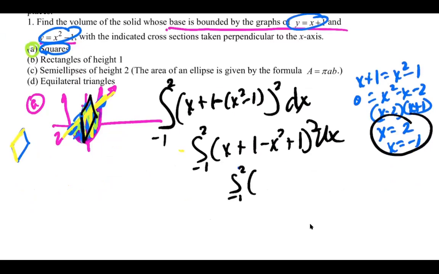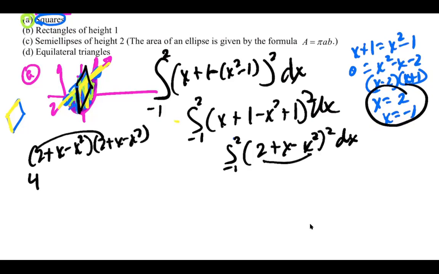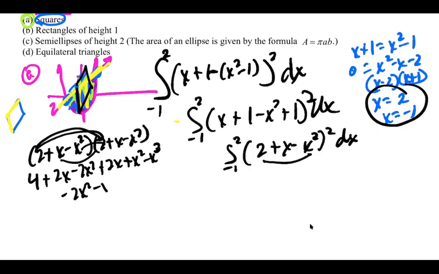And then we'll check our answer. So this is (2 plus x minus x squared) squared, but unfortunately it's squared. So we've got to figure out what that is, because substitution will not work here. If I let u be the inside, I don't have enough to compensate for it. So this is 4 plus 2x minus 2x squared plus 2x plus x squared minus x cubed minus 2x squared minus x cubed minus x to the 4th.